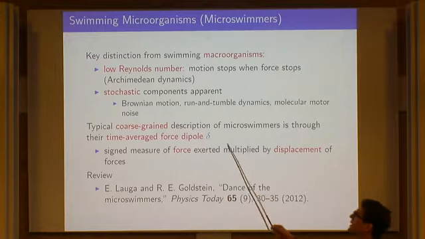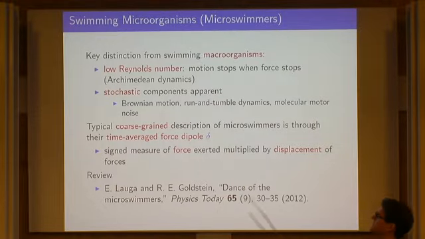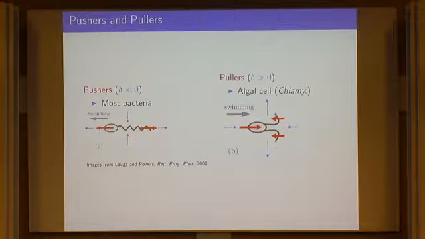And so what winds up being the key quantity is the force dipole, which is just the magnitudes of the forces times their displacement with an appropriate sign. So if you want to divide swimming microorganisms into two qualitatively different classes, it has to do with the sign of this average force dipole.